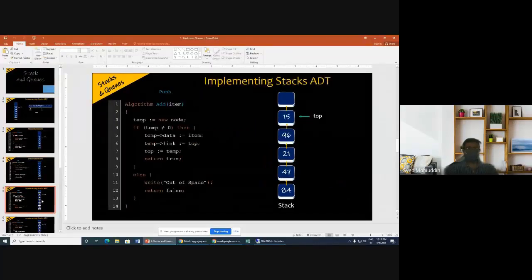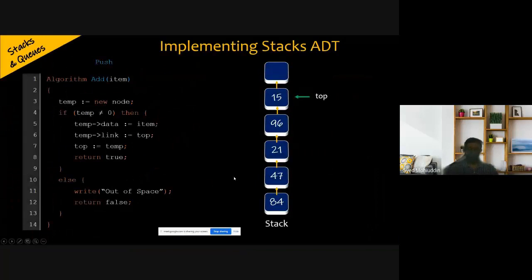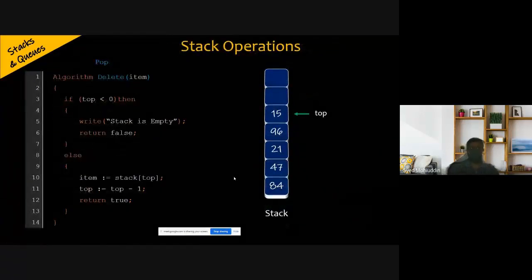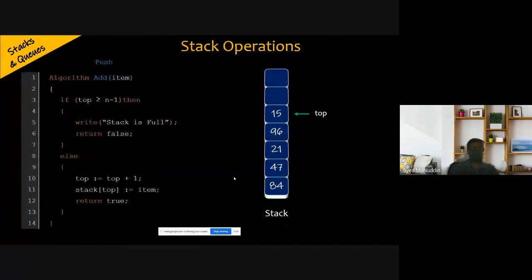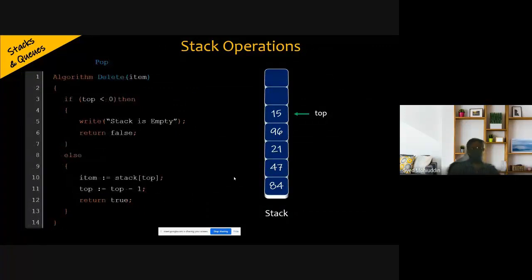Now, in the same way, if you consider the stack, let us look at this part. Last class we saw the operations of push or add or pop or delete on stacks, and this stack was represented using arrays.